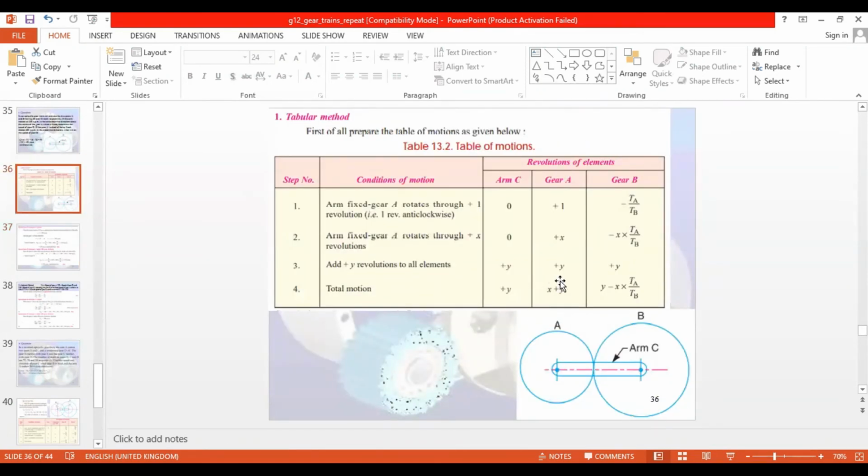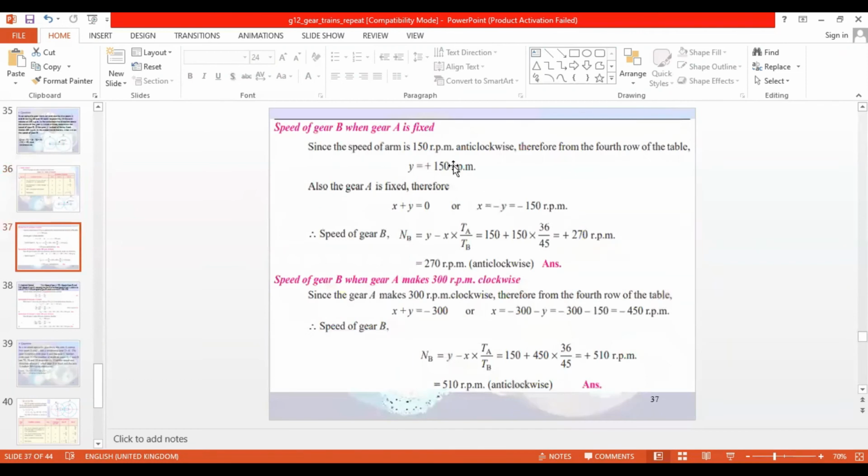Arm C is making 150 rpm, that is given. This is the motion of arm C, so Y is equal to 150 rpm.